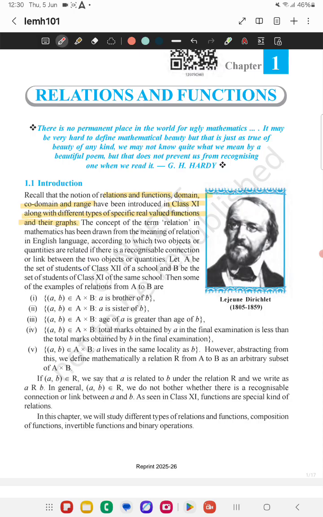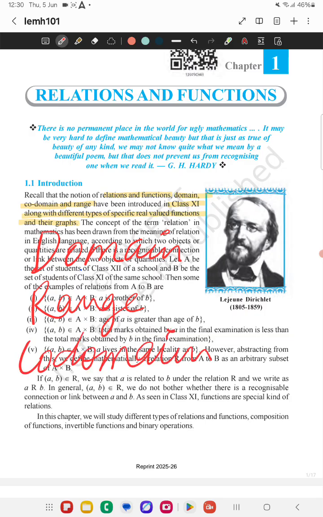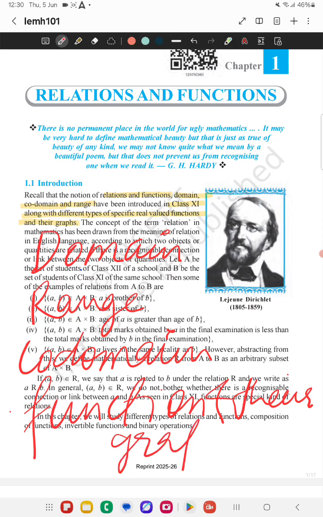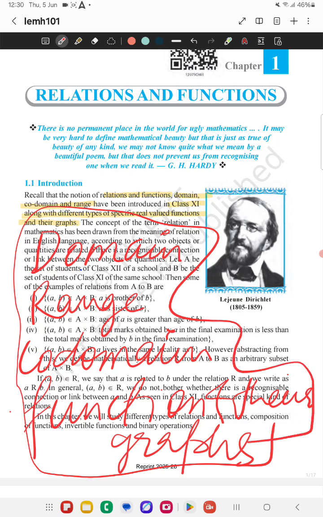So if you remember relation and functions, you have done domain, you have done range, codomain, then graphs of some specific functions and their graphs. So these are a few things that you have done in class 11.